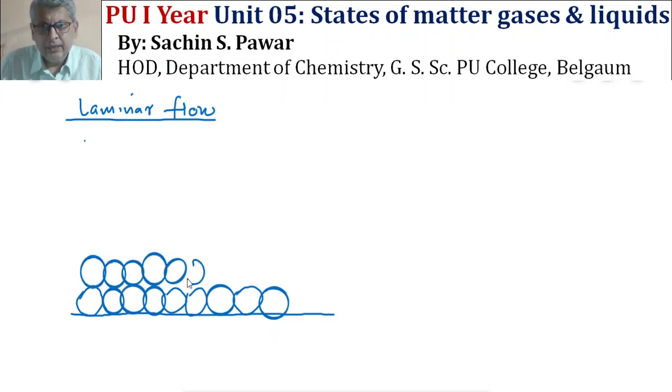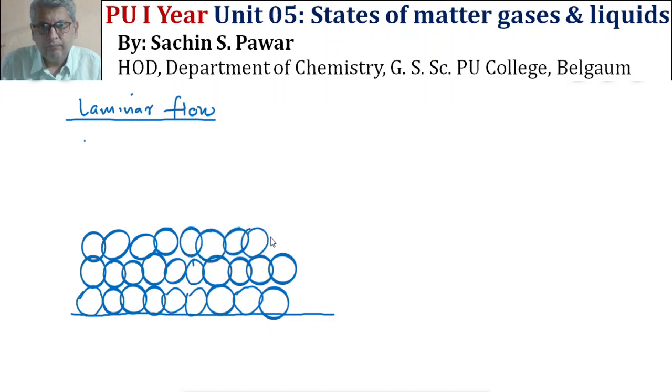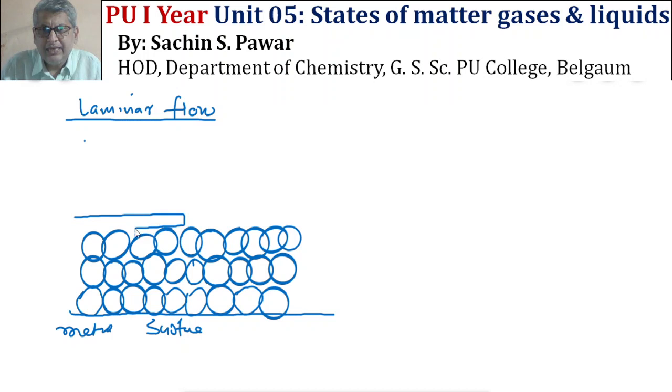So I'll just take 3 layers of particles. This is the liquid I have taken in the container, on the surface, a metal surface, and on this liquid I'll just drop a wooden plate.